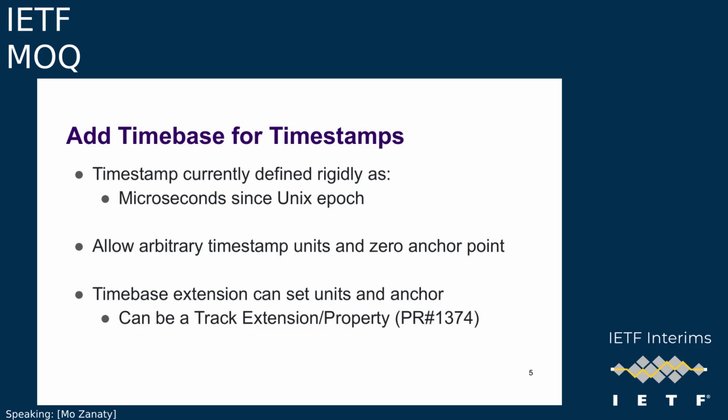So we think that aligns well with what people expect. And to avoid the chattiness, you could even put this as a one-time extension, either at the group level or even at the track level if we end up having track properties or track extensions.